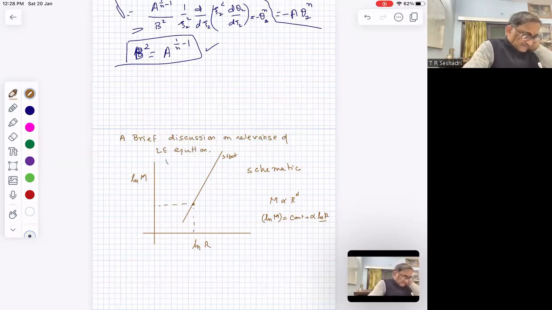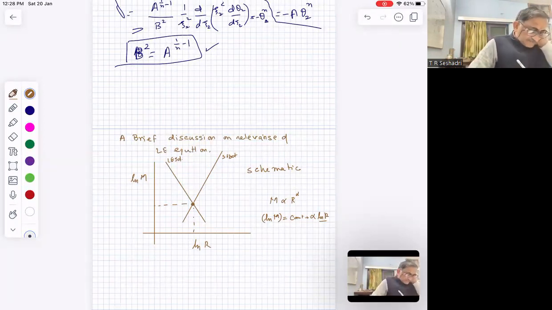And I have some value of n for which this is the Lane-Emden solution. And suppose the star is located over here. And there is some perturbation and some mass is thrown into the star.